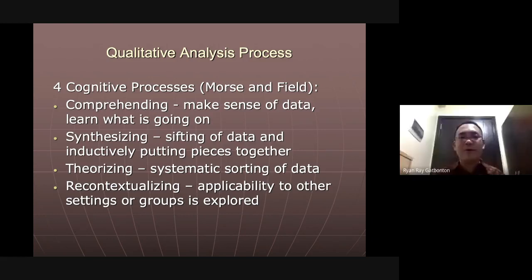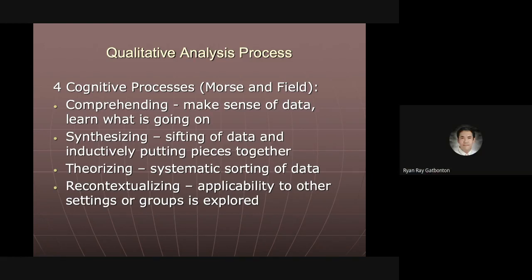Now, these four cognitive processes is proposed by Morse and Field, where they said that there are four cognitive processes. What are those? The first one is what you call your comprehending process. No? In this process, you make sense of the data. Iniintindi mo. You try to understand what's going on with your data.